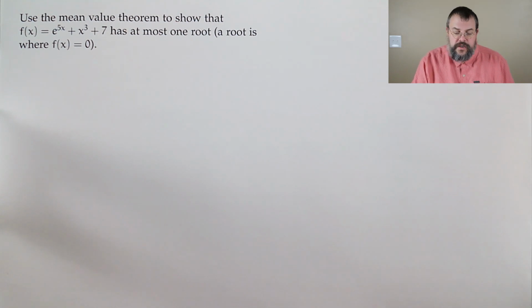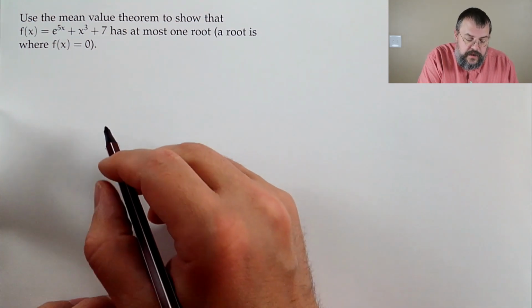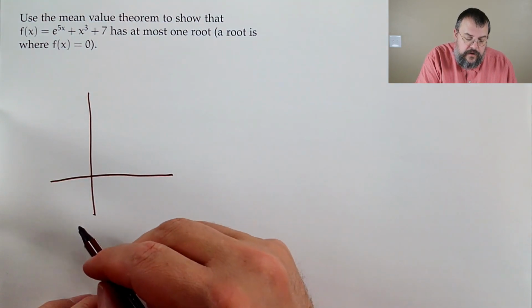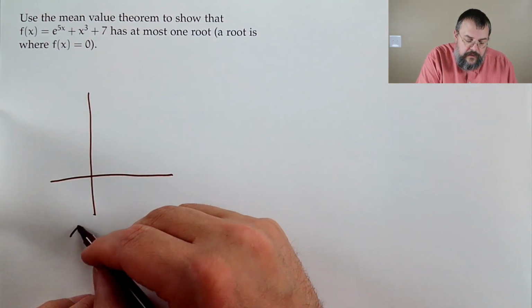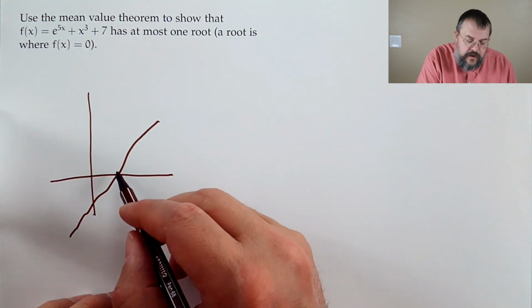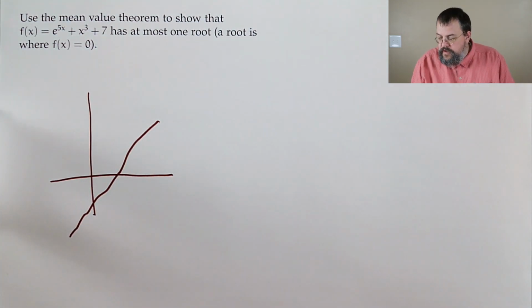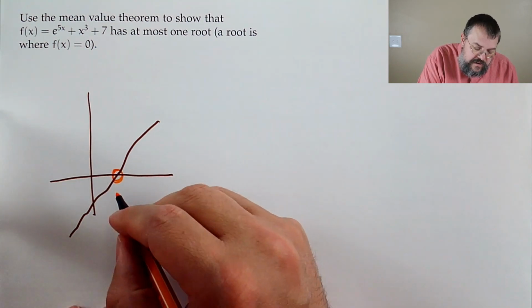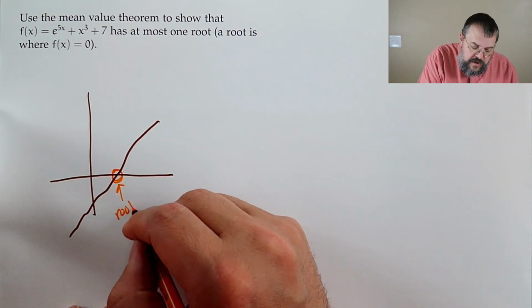So, what's the picture? Well, the picture, when you're thinking about it, is we have a function. I don't know what the function does, but you can imagine it's doing something. A root is where I'm crossing the x-axis. So, this is a root.